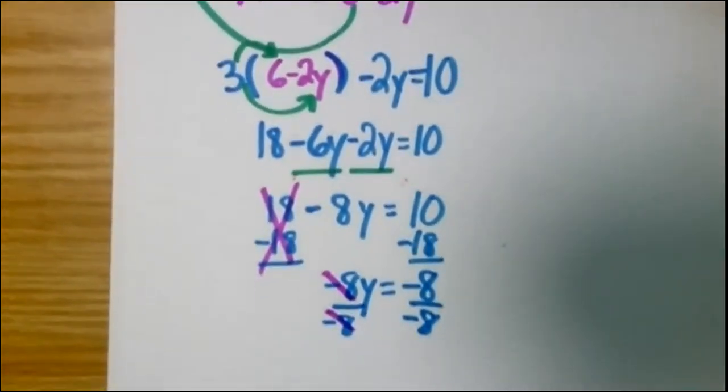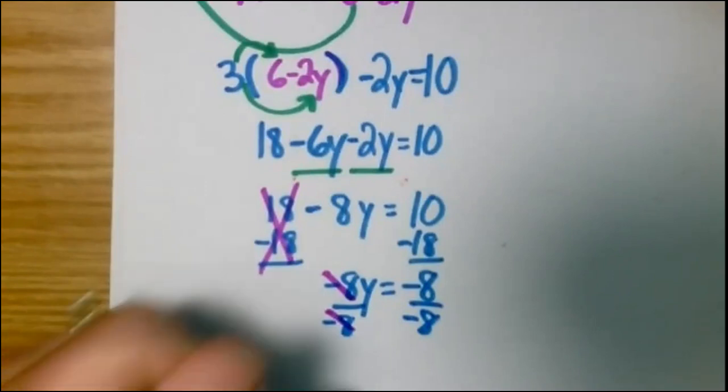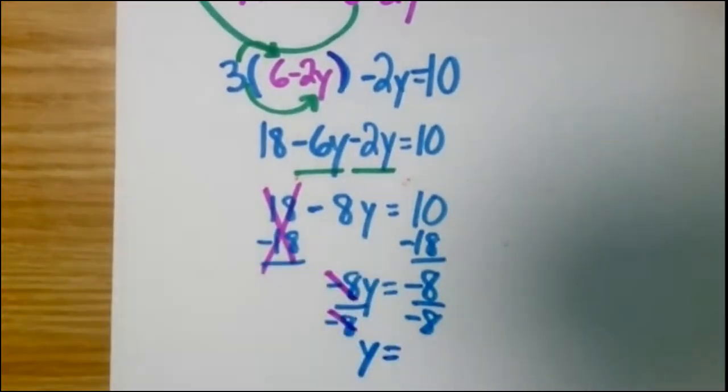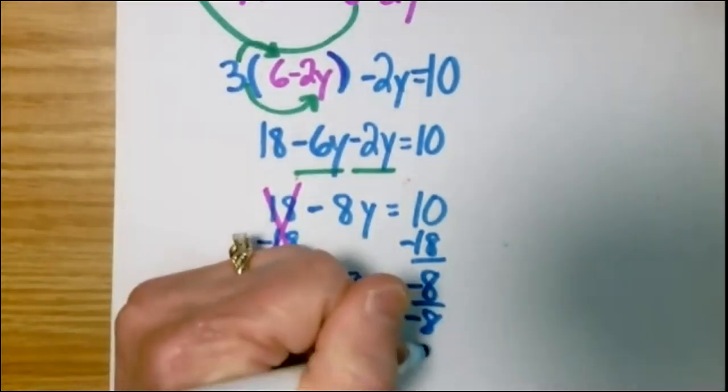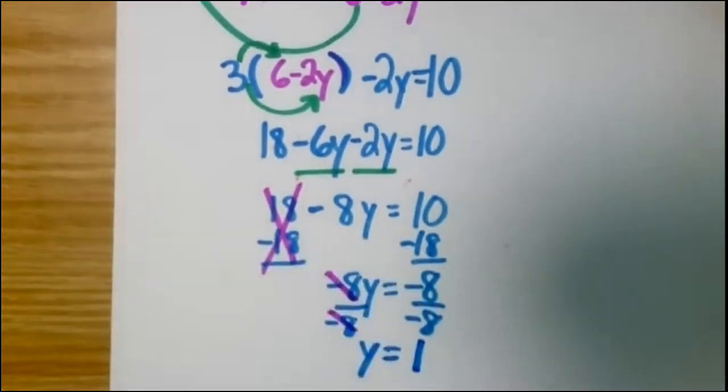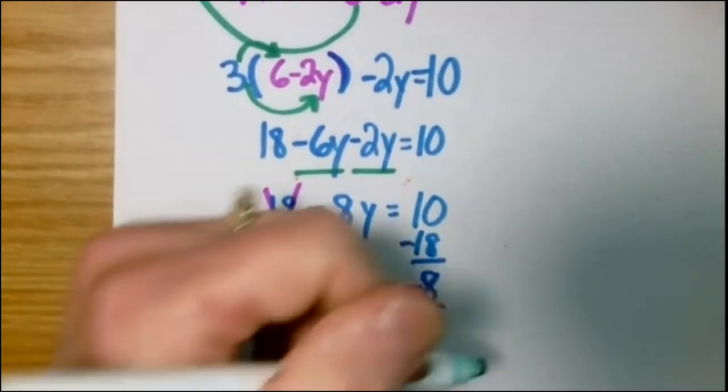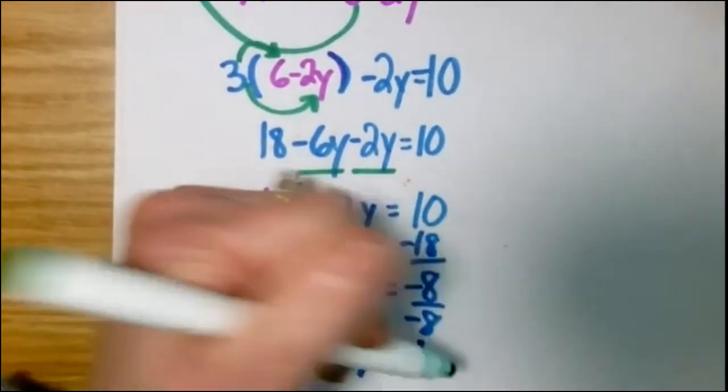Negative 8 divided by negative 8 gives me y equals a positive 1. That's my y value. Now I have to substitute my 1 back into one of the original equations from the top.